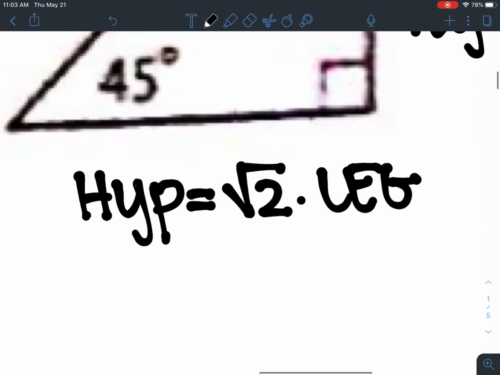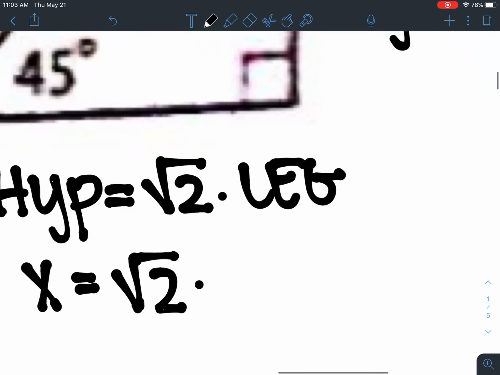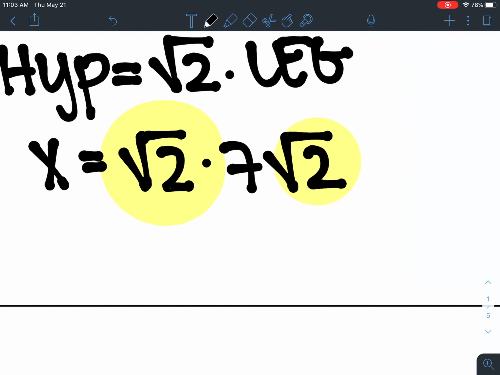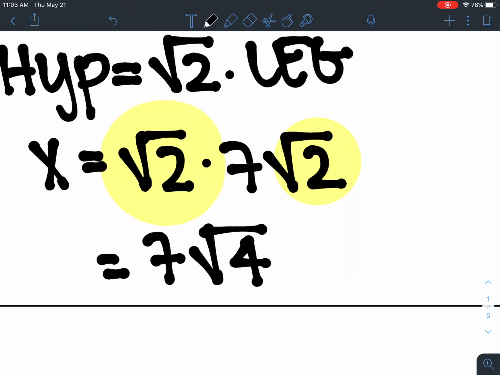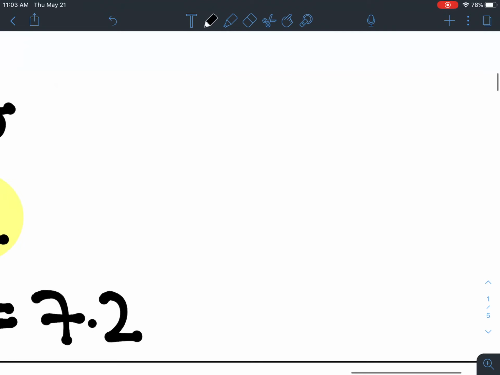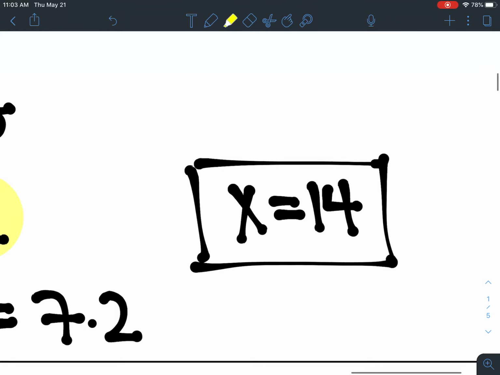Our hypotenuse is x, which is equal to the square root of 2 times 7 times the square root of 2. If I multiply the square root of 2 times the square root of 2 together, I'm going to take the long way. You're going to get 7 times the square root of 4. The square root of 4 is equal to 2, so you get 7 times 2, which means that the hypotenuse is equal to 14. And that's your final answer.